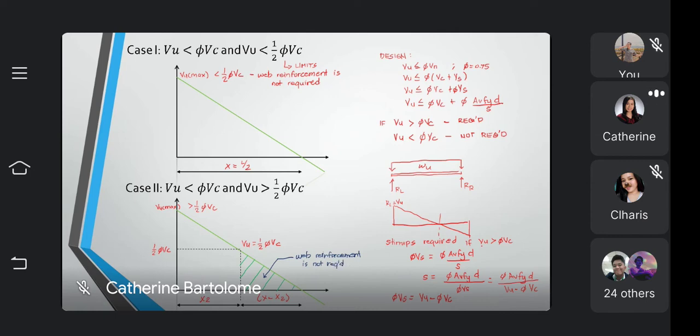Okay? Pero dito sa area na to, greater than, okay, so take note that it is greater than VBC. So if that's the case, magkakaroon tayo ngayon ng minimum area of reinforcement is required.